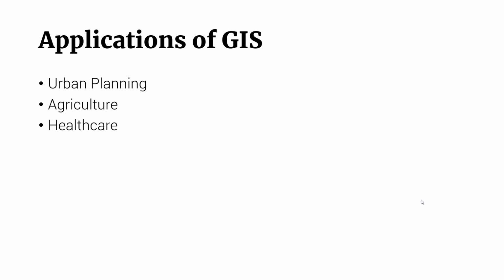And when it comes to agriculture, you can see where you can plant in a given area based on your GIS survey using drones.